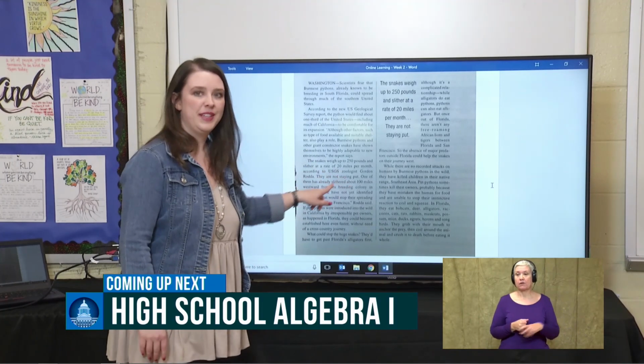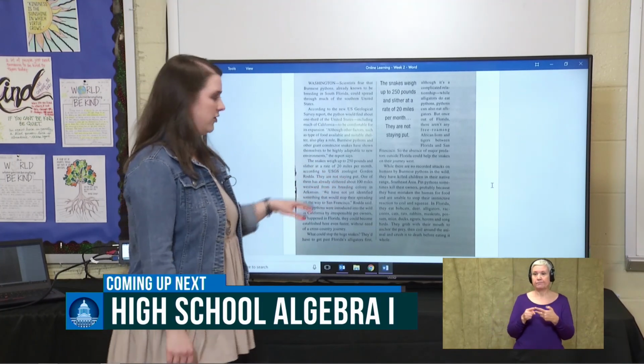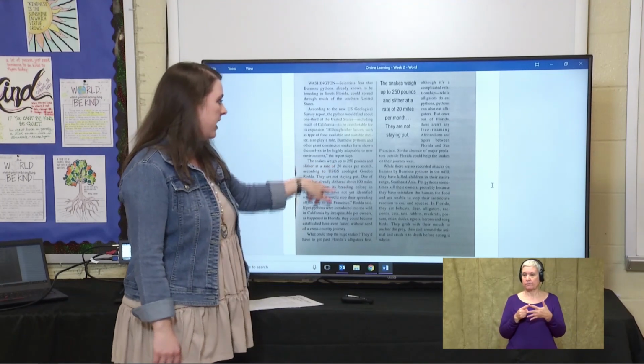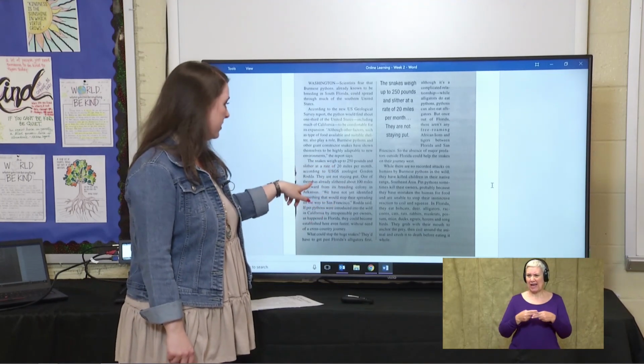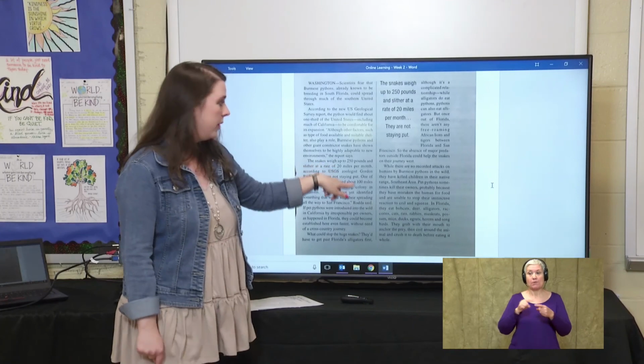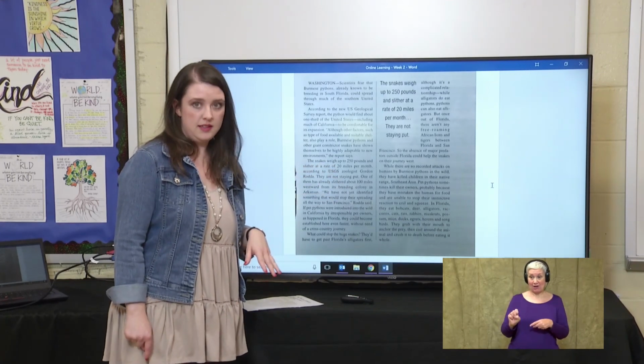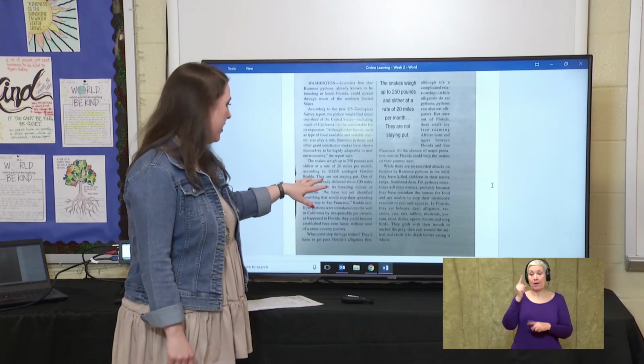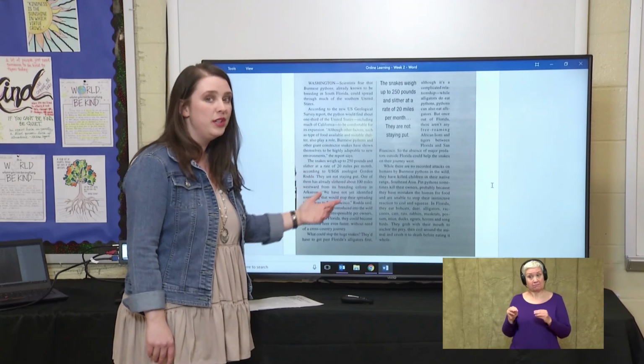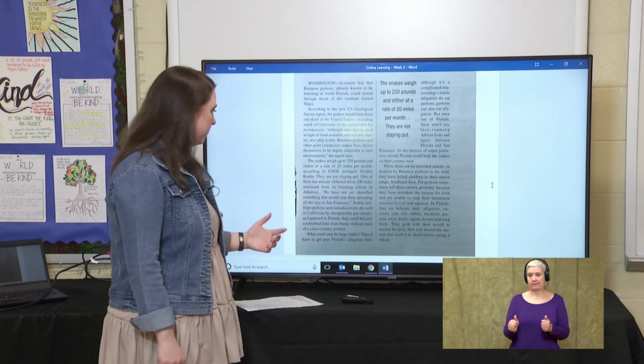Look at this one. This one is a little shocking. The snakes weigh up to 250 pounds. That's a big joker. And slither at a rate of 20 miles per month. It's getting on across there. So they can slither at a really fast rate, right?